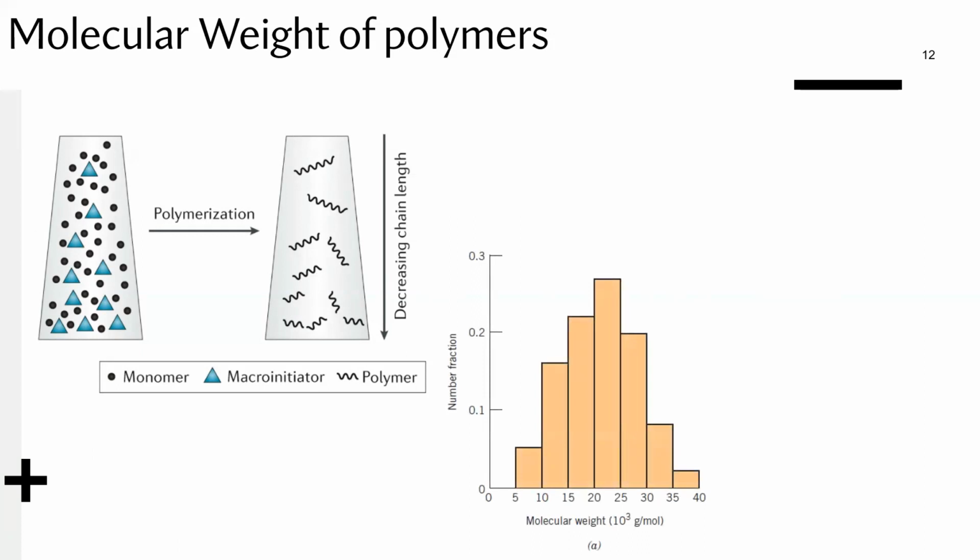So we always end up with a distribution. And this distribution, for example, shows us that we have a maximum of a certain molecular weight. Maybe in this case, it's like 25. And then we have a small population of the molecular weight 10. So you have a distribution.